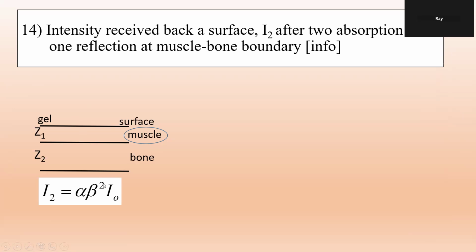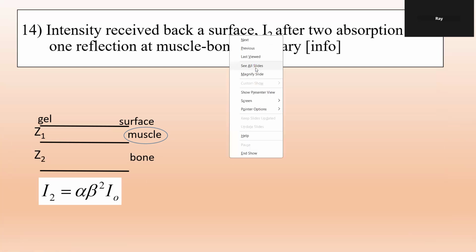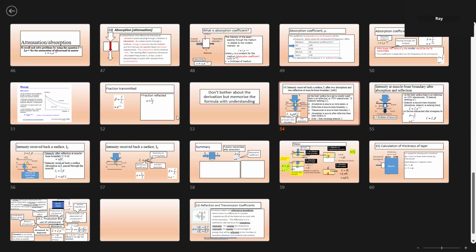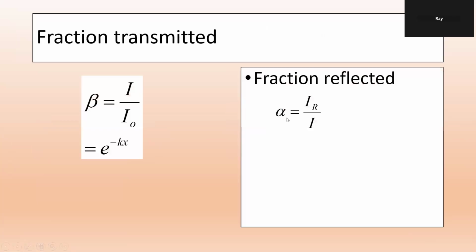That's why it's two absorption coefficients. Right? Fraction absorbed. And this is, right. If you are confused, what does the symbol stand for? That's the fraction reflected.